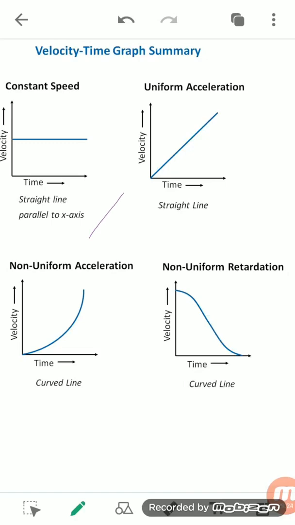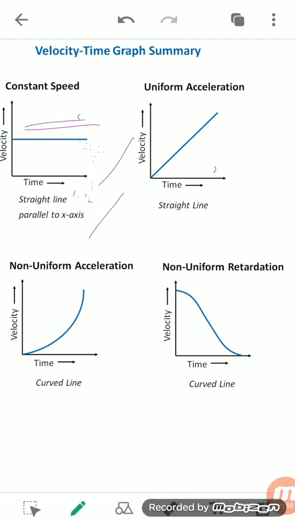For constant speed, when the object is moving with constant velocity, it shows a straight line which is parallel to the x-axis. When it is having constant velocity, there will be no acceleration at all, and that's why it is represented by a straight line parallel to the time axis.